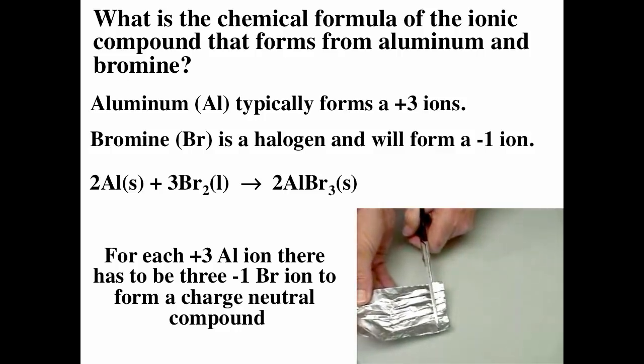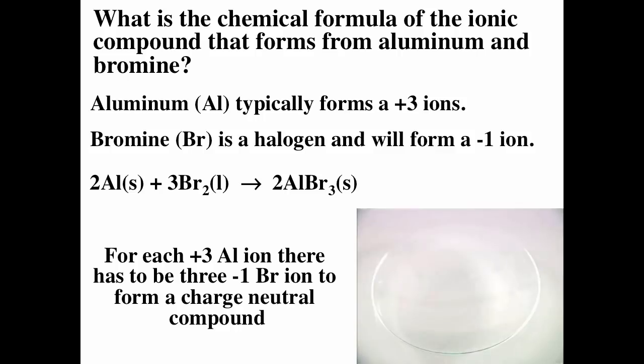Pieces of aluminum are cut from a strip of foil. Liquid bromine is placed on a watch glass and the pieces of aluminum are added. As the bromine evaporates, brown fumes are given off.